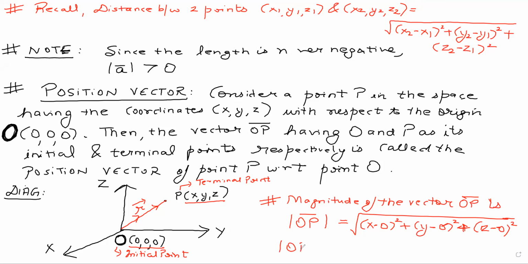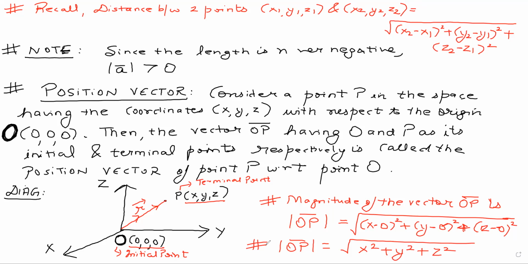So my magnitude will be square root of x square plus y square plus z square. This will be the magnitude of the vector OP. What we have applied is the distance formula between 2 points in the 3D space, which we had learned in class 11th mathematics.